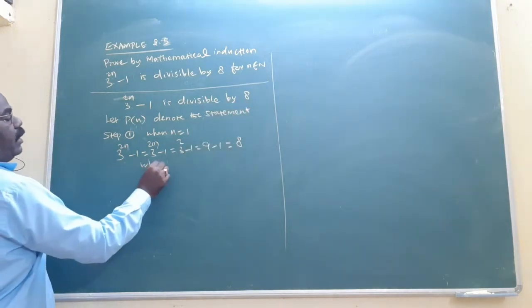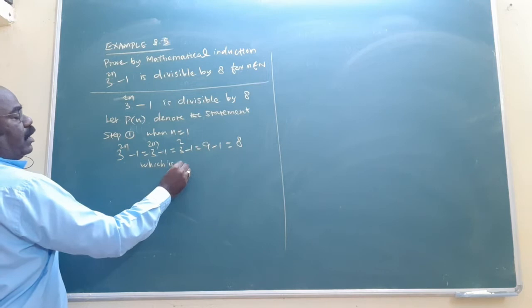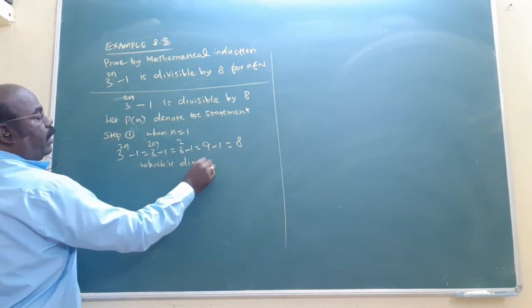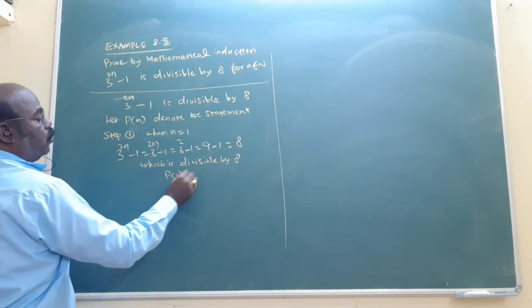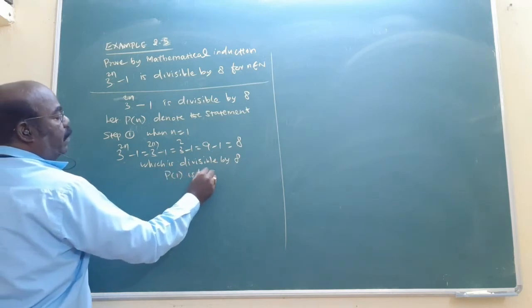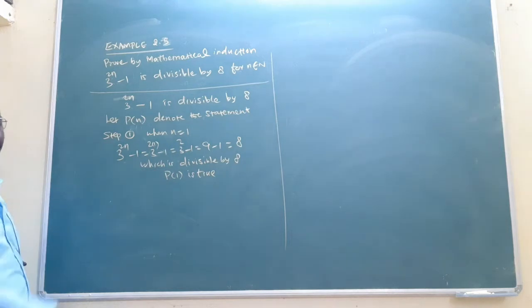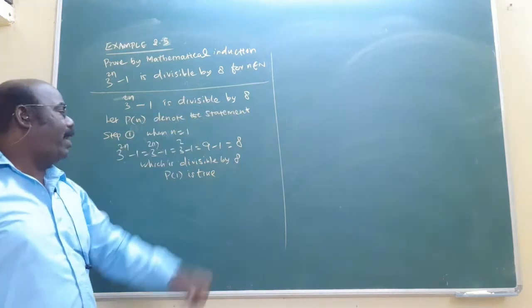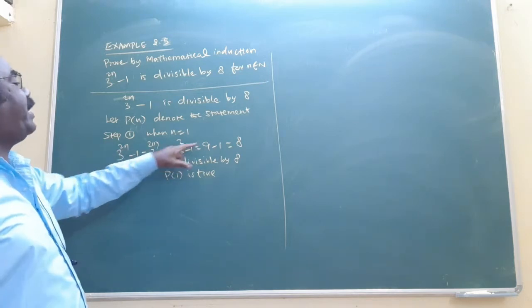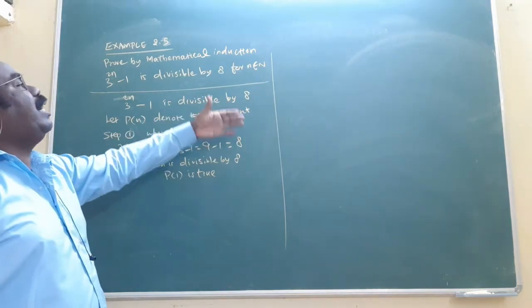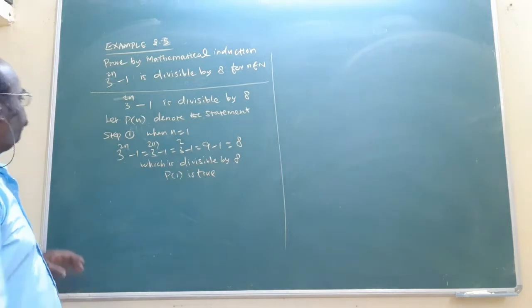Am I correct? 8 is divisible by 8, no? That's why P of 1 is true. In the previous question you prove LHS equals RHS, but here the statement is given. That's why replace n by 1. After simplification 8 is coming, and 8 is divisible by 8. That's why P of 1 is true.